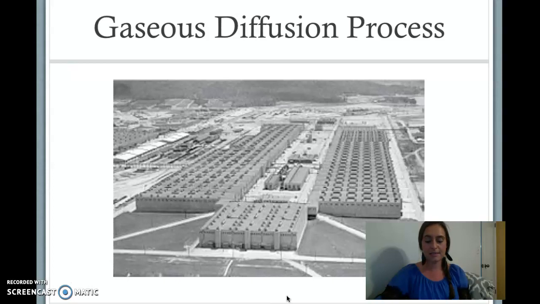Using the gaseous diffusion method, more than 4,000 stages occupying 40 acres were needed to enrich the mixture to 90% uranium-235. Here you can see in the photo what one of these plants would have looked like back in the early 1900s. These were the plants that they built to help isolate the uranium-235.